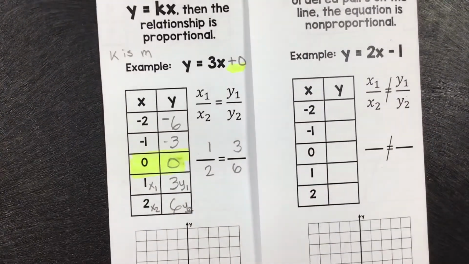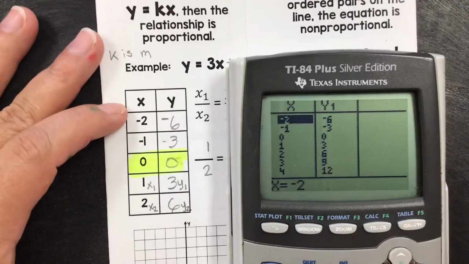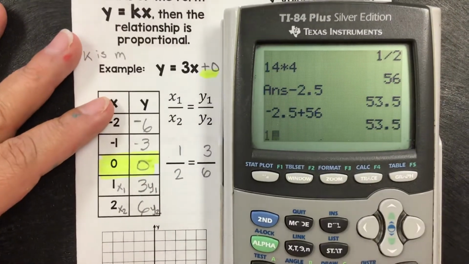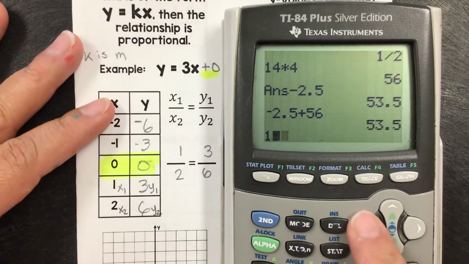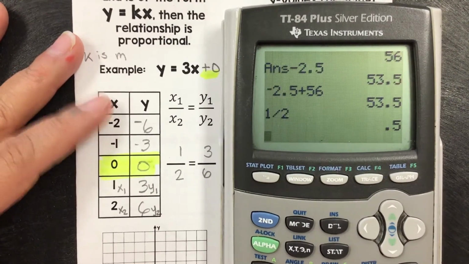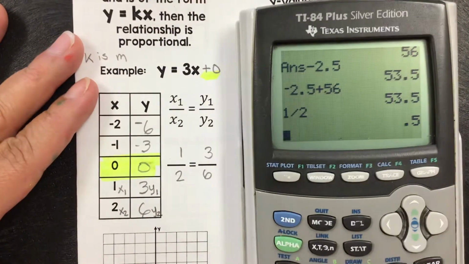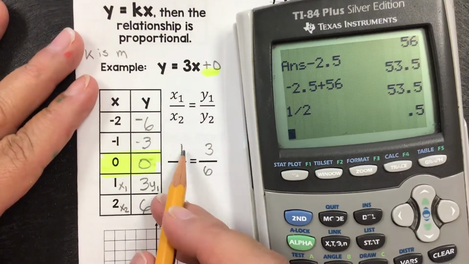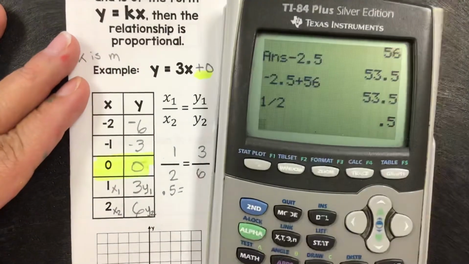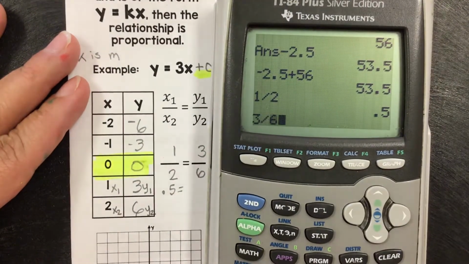When you reduce this fraction on the right-hand side, it does equal 1/2. If you are not really good at reducing fractions, what we can do is just get a decimal approximation. And we did this when we were looking at proportions. The section on proportions, we just said that this is one method to check if a proportion is equal. So 1 divided by 2 is 0.5, giving me a decimal. And then you check the other side, 3 divided by 6.